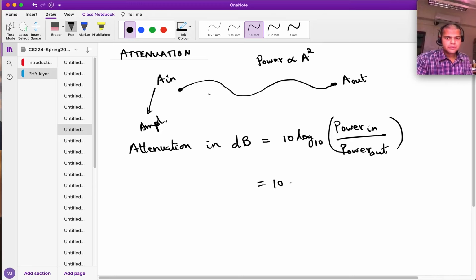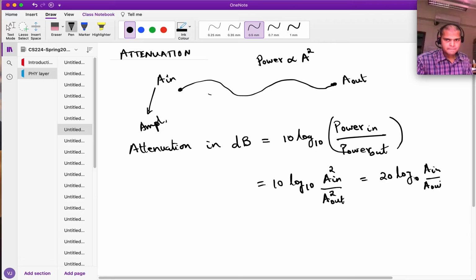So this is going to be 10 log to the base 10 of A input square by A output square, which is 20 log to the base 10 of A in by A out. Okay.